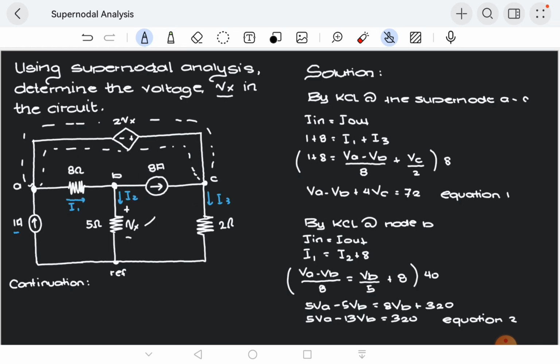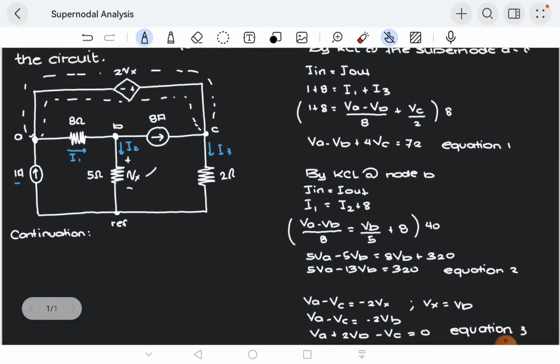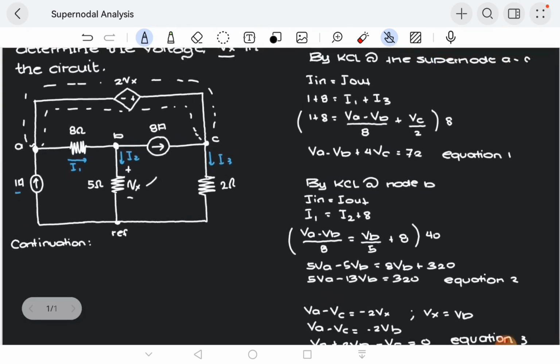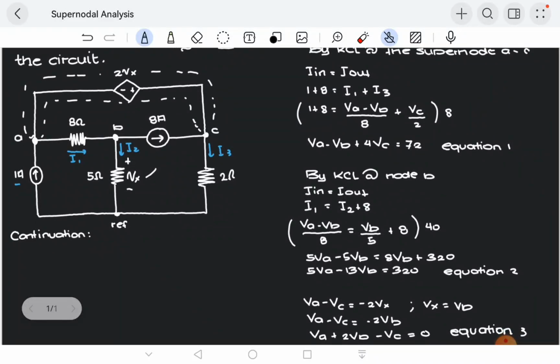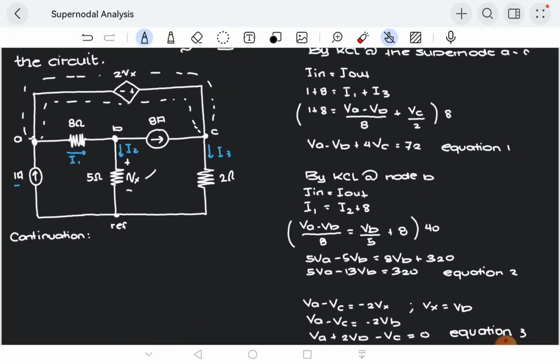Our only goal is to find Vx, and we know that Vx is equal to the node voltage VB, so by Cramer's rule we can write the system of linear equations.